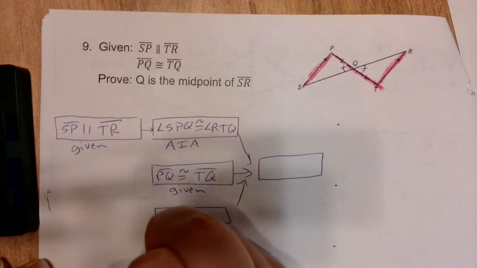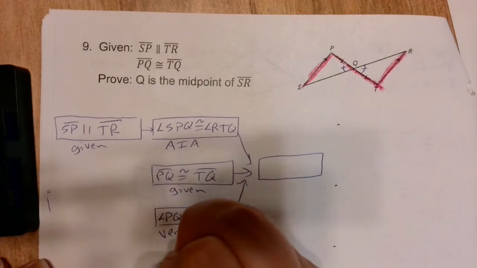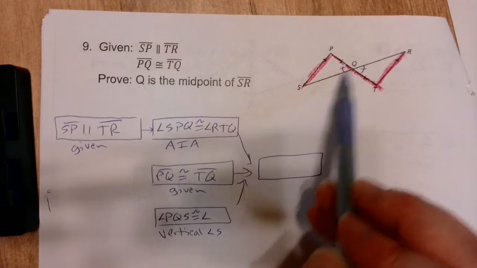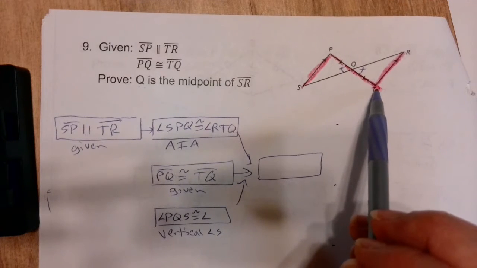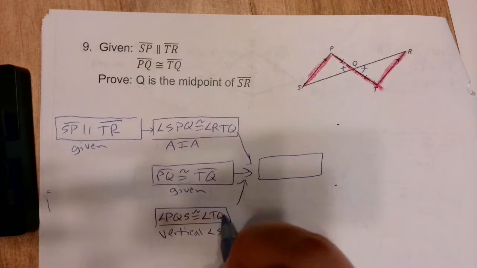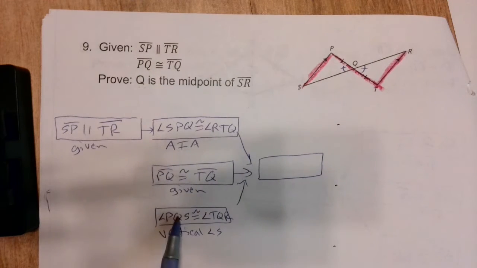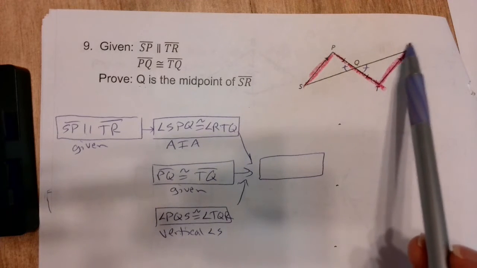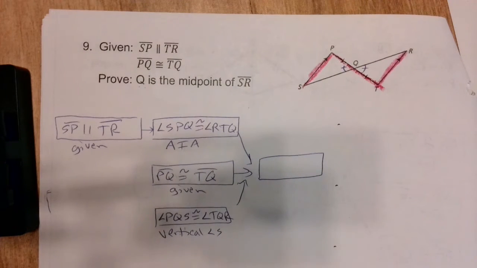So angle PQS is congruent to angle, and I went down kind of what appears to be the shorter side. So I'm going to do the same thing over here, TQR. Now if you wanted to go SQP, that's okay, but then it would need to be RQT. Both of them would be flipped.